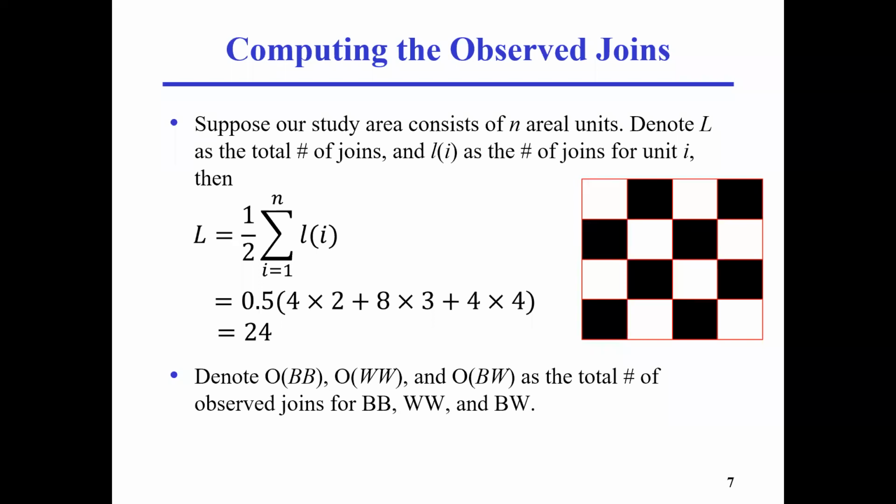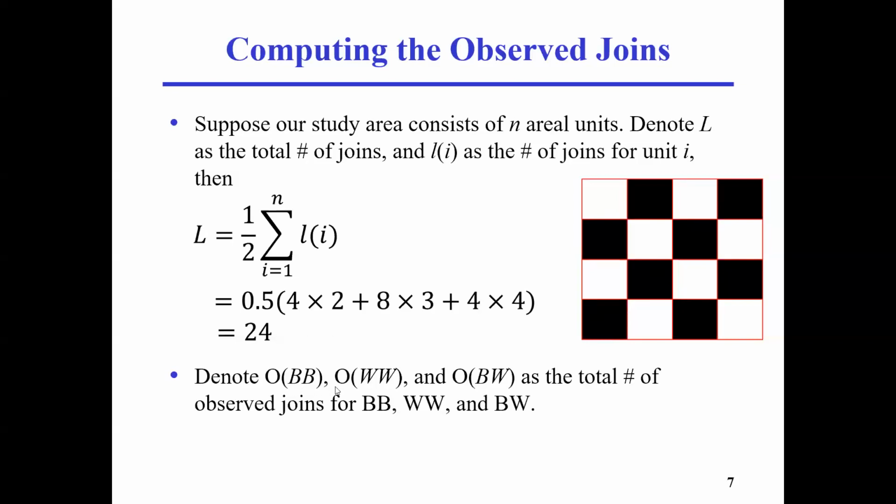Basically, this slide shows you how to use a specific method to calculate uppercase L, which is the total number of joins in a specific example. This example is a chessboard with black and white cells.